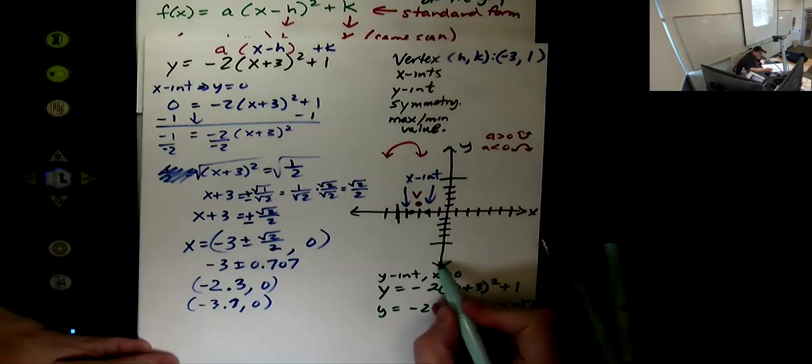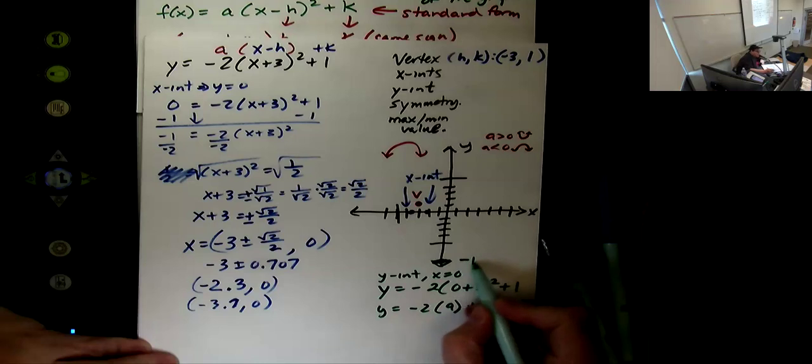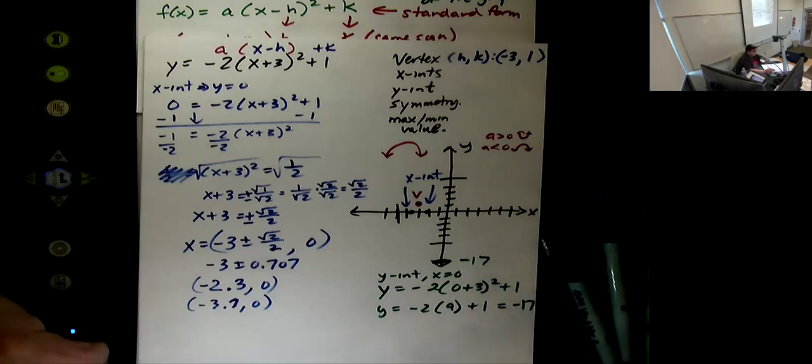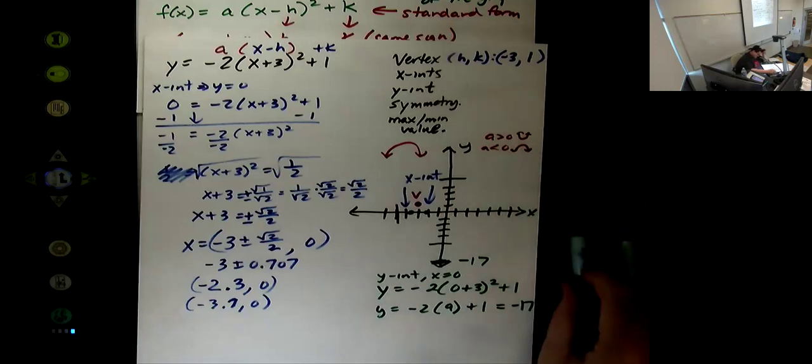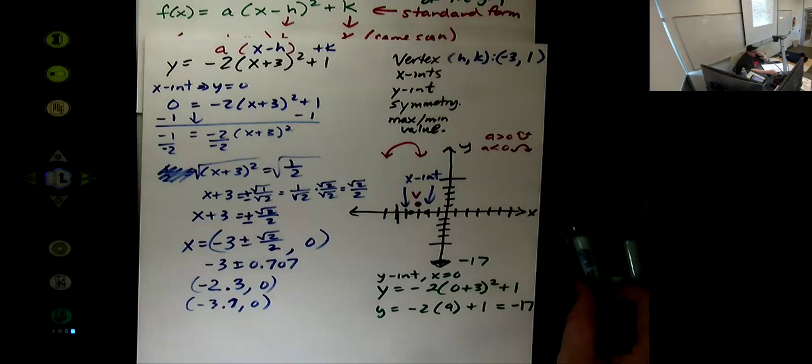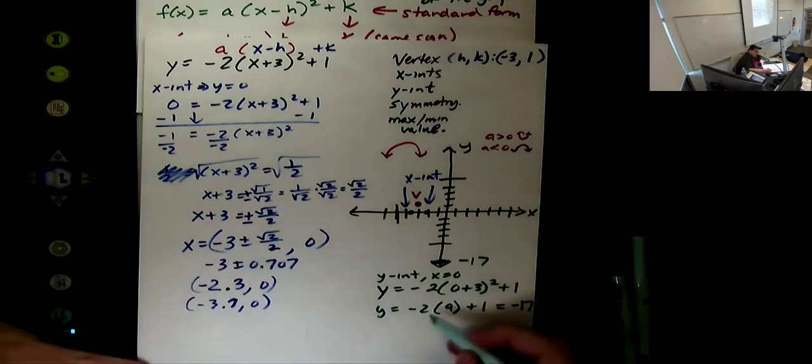It's way down here. We'll say that's -17, because I didn't make my graph big enough. That's the point (0, -17).